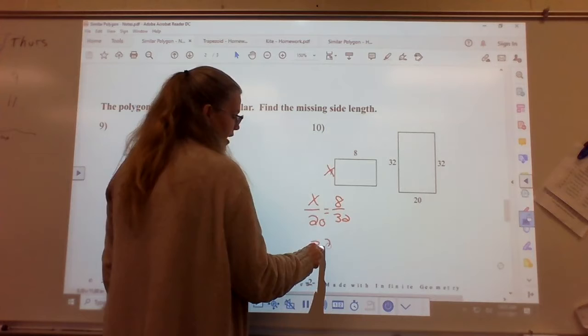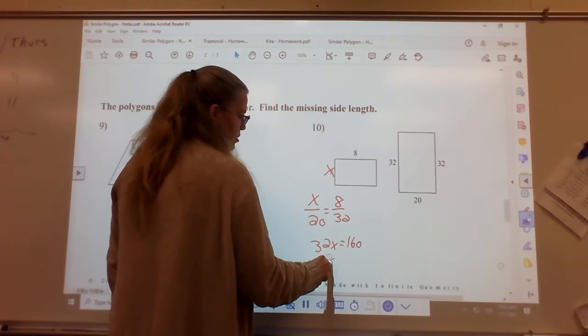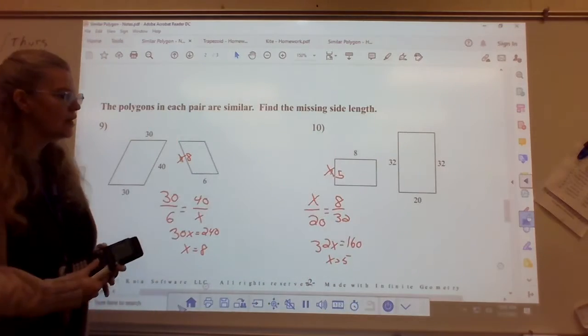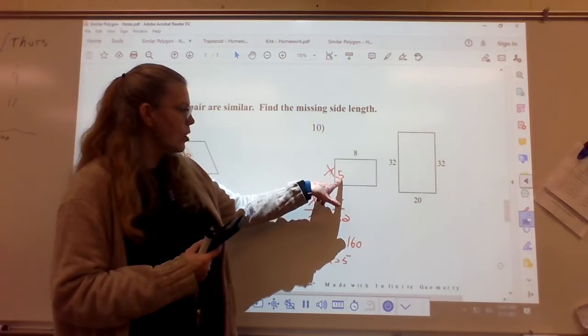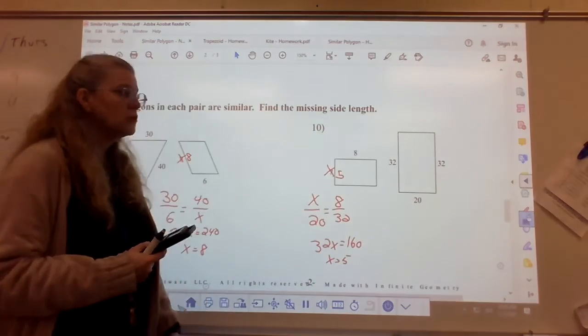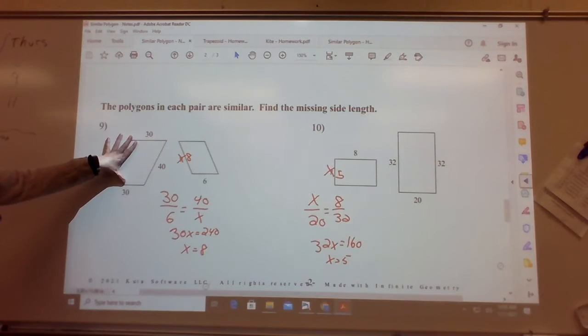So 32x equals 160. Divide by 32, x equals 5. So x is 5. And 5, if I multiply by 4, I get 20. 8, if I multiply by 4, I get 32. So it makes sense. You're setting up a proportion based on the shapes and solving the proportion to solve for x.